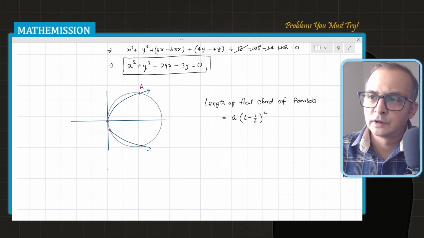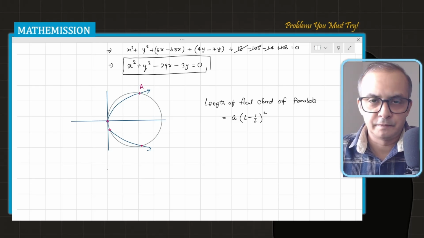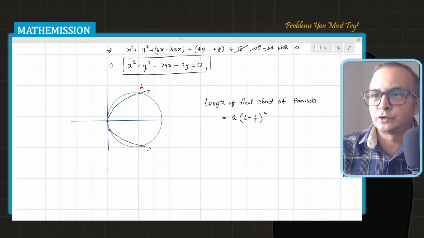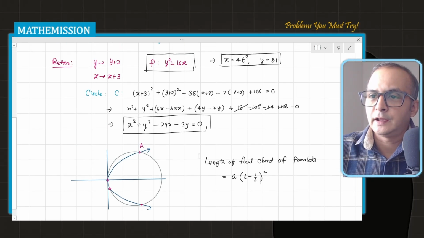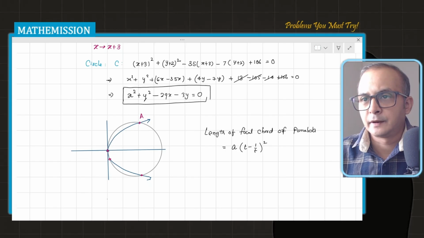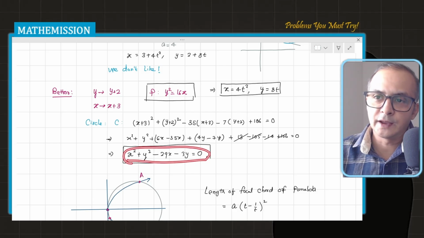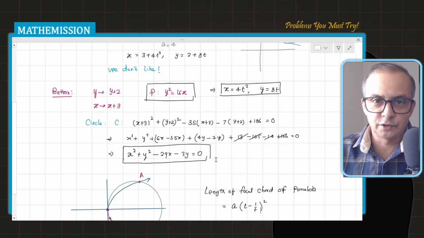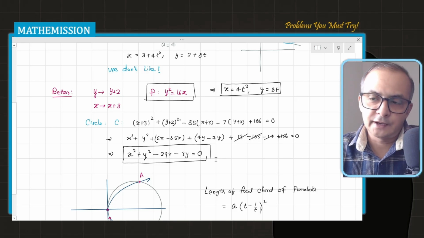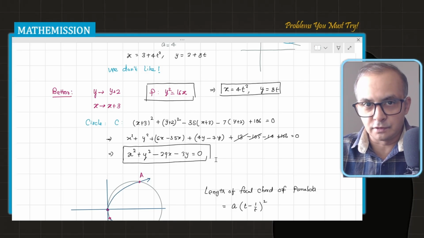A we know, and we are done. Our aim is to find out the value of t. Of course, we substitute x is equal to 4t square and y is equal to 8t in this circle equation, and we get all the possible values of t. We identify such t which will follow the property of the focal chord.